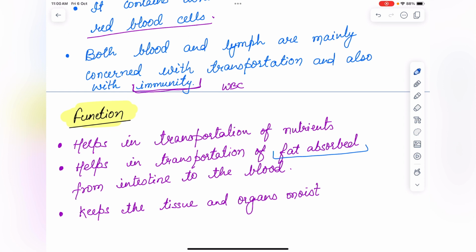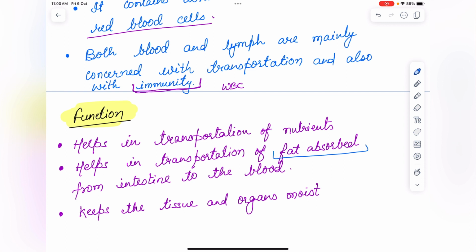Third point is keeps the tissue and organs of the body moist. See, it provides fluid so that it can keep the cells or tissues moist, ताकि वो ड्राई ना हो जाए सेल्स. Next point is, these lymph organs क्या प्रोड्यूस करेंगे?